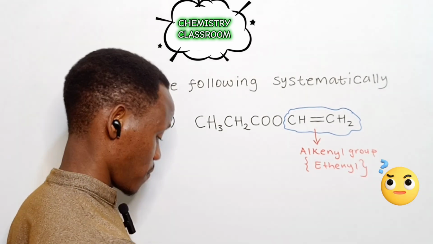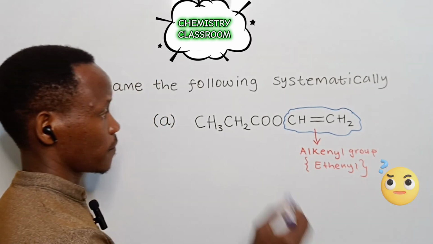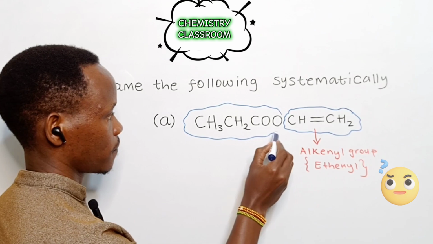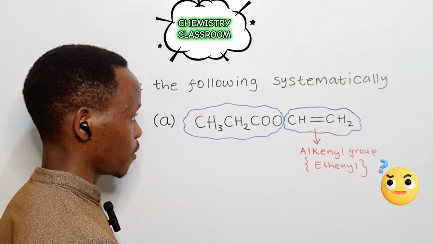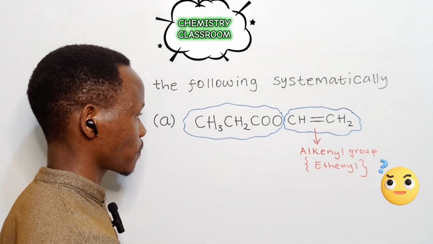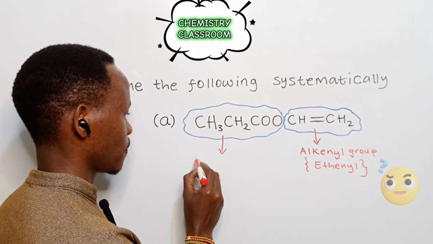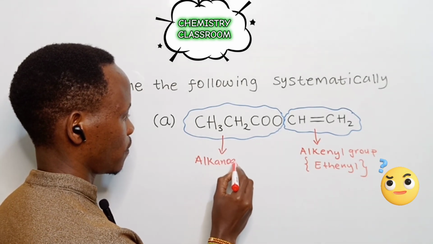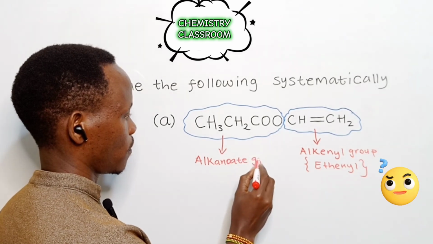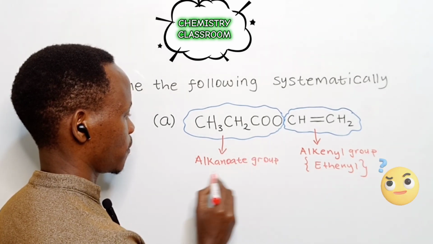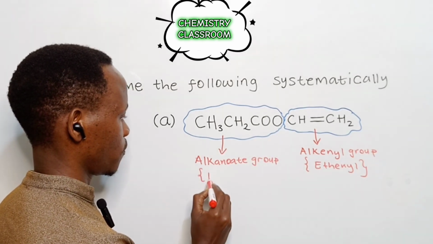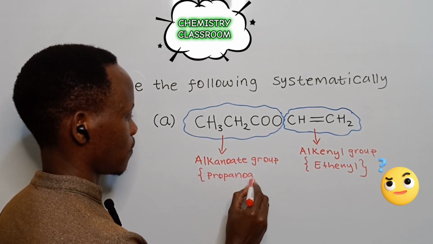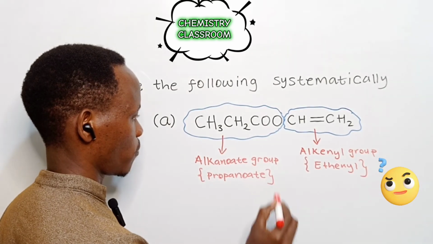The other part of the compound is that side, which also marks out the alkanoate, and specifically is known as propanoate.